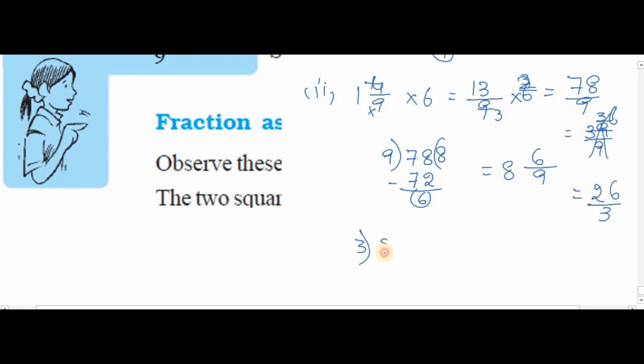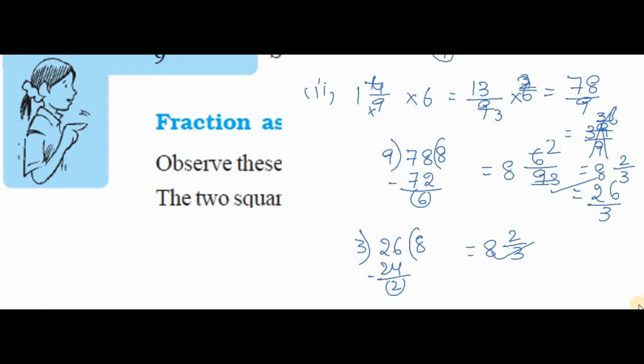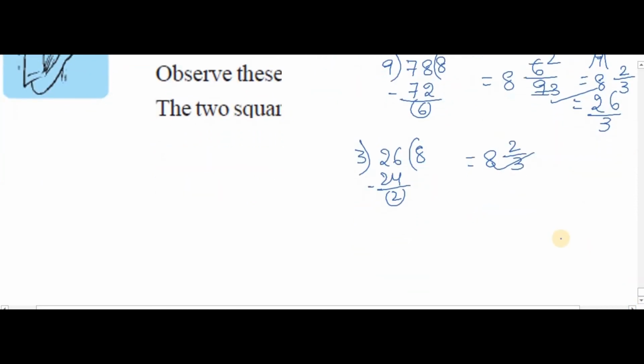If you do the division of 26 by 3, 3 eights are 24, and you'll get 8 2 by 3, and here also you'll get the same thing. Just cancellation you can do here. 8 2 by 3, so you get the same answer. Both are correct. 8 6 by 9 is without simplifying and 8 2 by 3 is after simplification. If we have any cancellations we can do it even like this. I just want to show that.